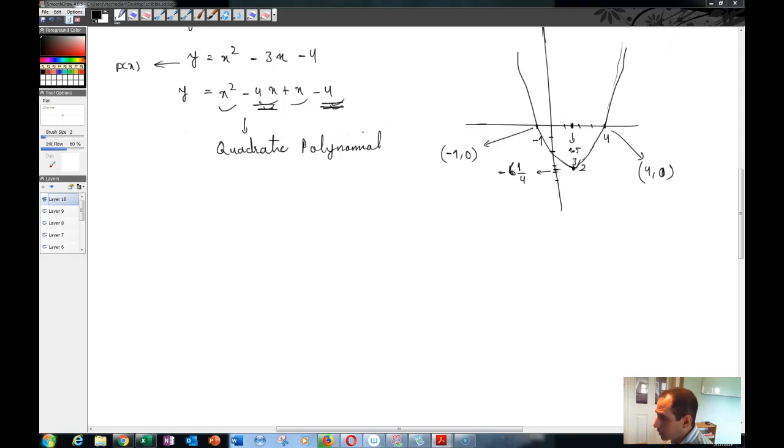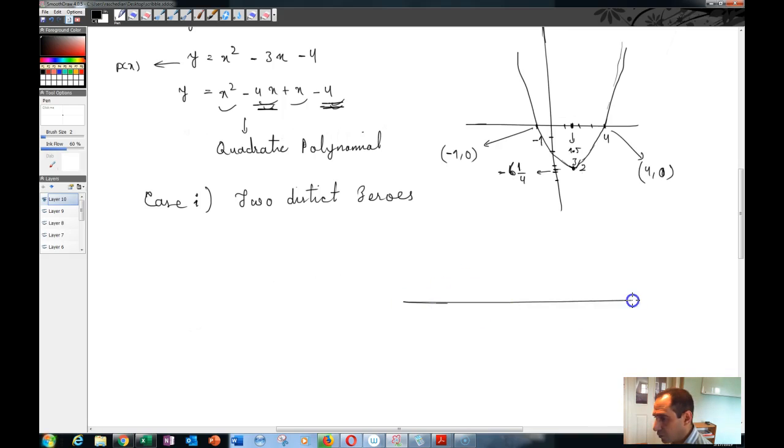And then in the case of a quadratic polynomial or a second degree polynomial, you could basically have 3 cases. You could have, in case 1, two distinct zeros here, as in the case of this polynomial that you saw over here.